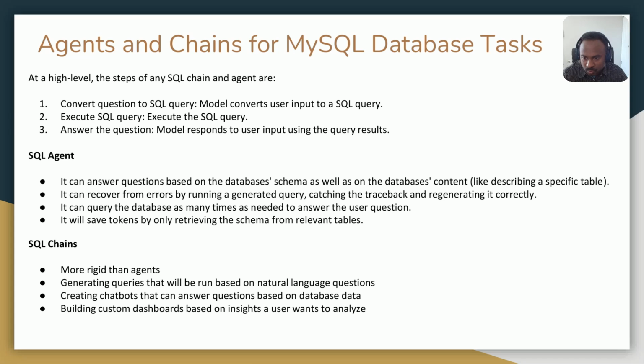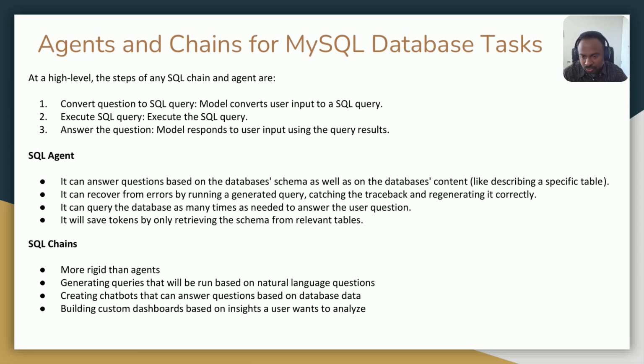Along with the user question, the user also inputs the prompt, either as a single prompt, or the strategies which we discussed before, or as a prompt template. SQL agents and chains are primarily used to do the tasks which the user has requested.